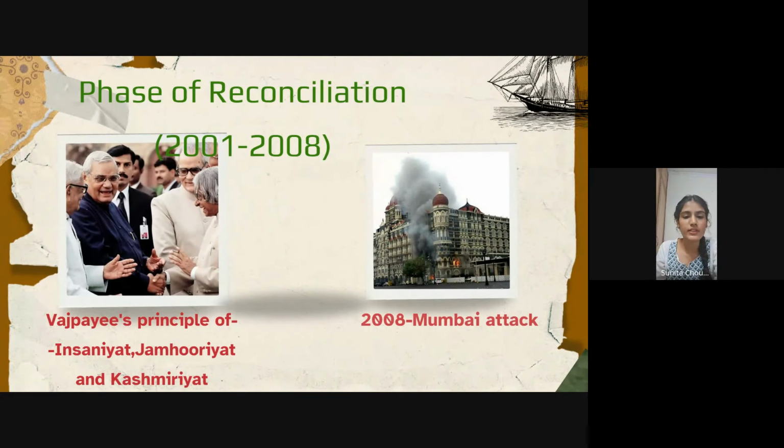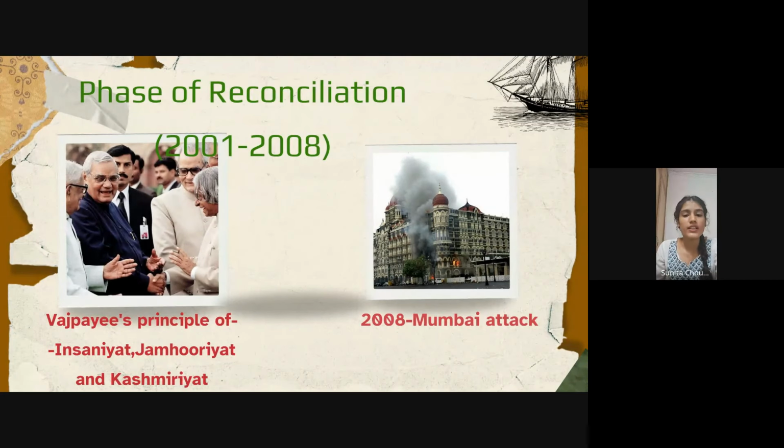And these principles were Insaniyat, Jamhuriyat, and Kashmiriyat, meaning humanity, democracy, and the legacy of Kashmir's composite culture. As we know, in Kashmir earlier, all the religions used to stay together in peace and harmony. So he gave the concept of the principle of Kashmiriyat.